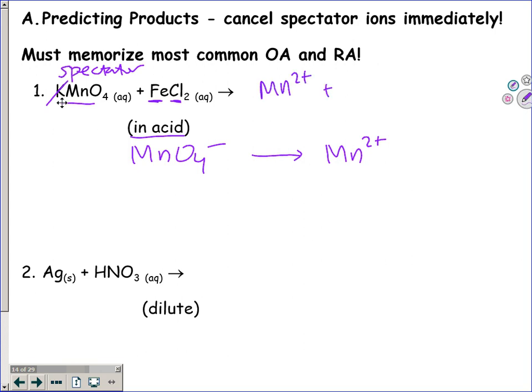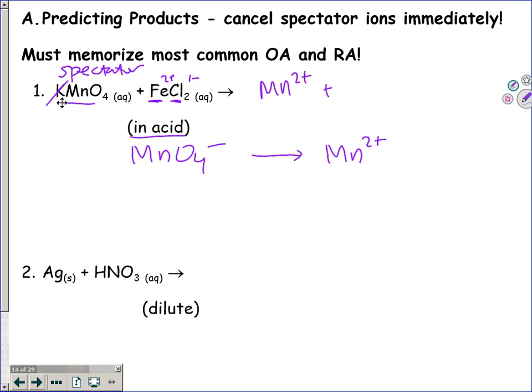Now, look at your reducing agent list, so your common reducing agents, and we see iron 2+ here and fluoride 1- here, technically because it's an aqueous solution and those will be soluble. So as you're looking, who's at the top of your reducing agent list? Alkali metals, right? Do we have an alkali metal? No, so go to the next one.